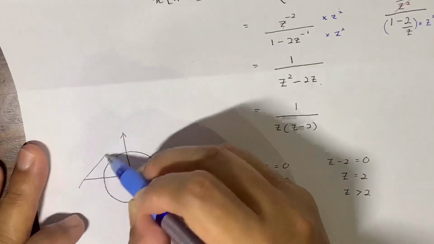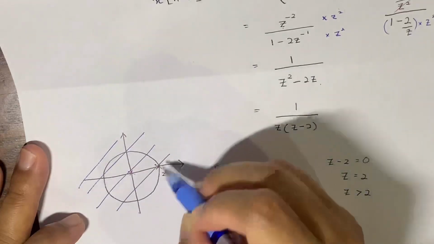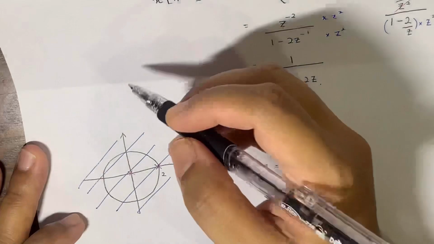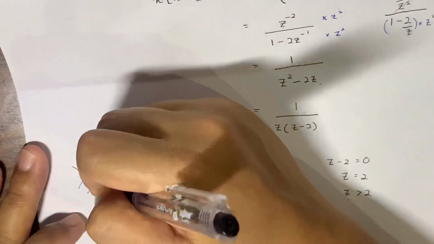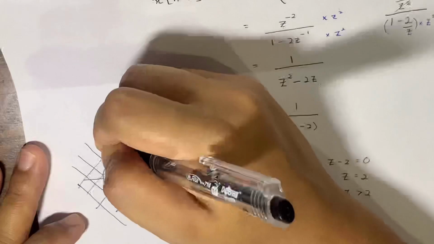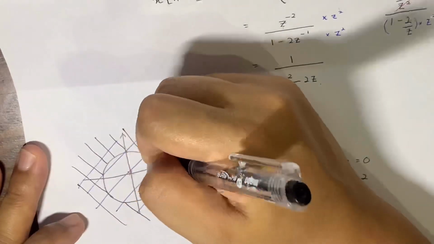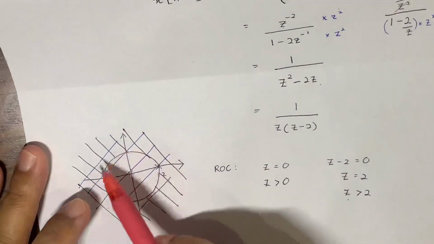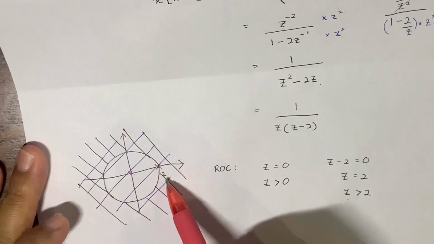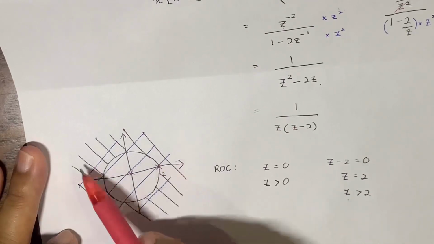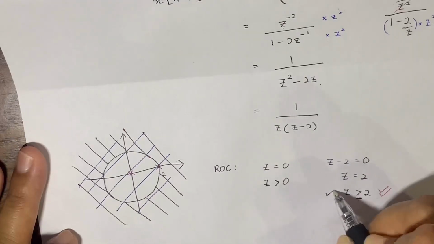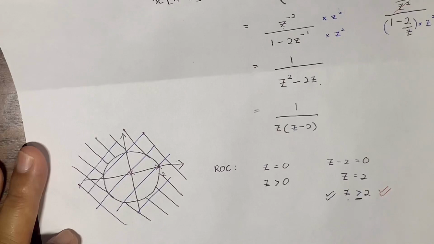The ROC is all of the region. But this one, Z bigger than 2, so the ROC is outside the region. Which one is overlap? Outside the circle with radius 2 is overlap. So the region of convergence is Z greater or equal to 2.